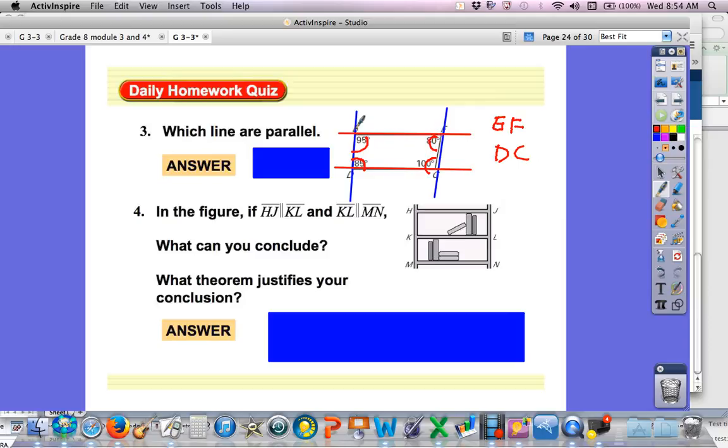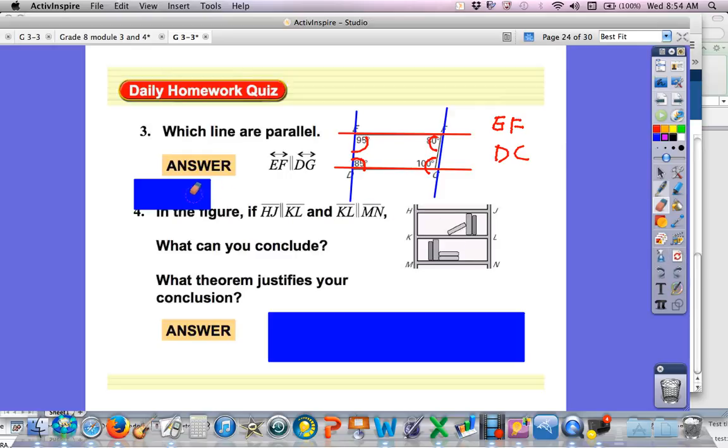So now let's see if the blue lines, 95 and 80 do not add up to 180. So it's EF parallel to DG. I thought that was a C, that's a G. Can't read that.